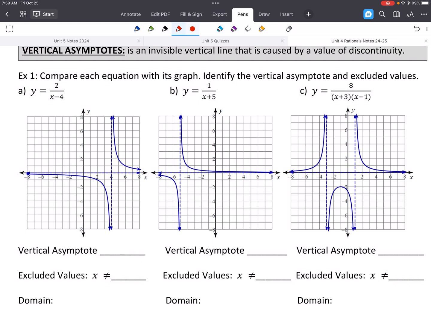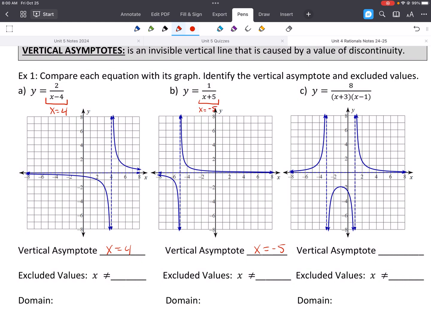But better off, we probably want to see how do we do it from an equation. So if we look at this equation, we want to know what makes the bottom 0. So here it would have to be x equals 4 would make the denominator 0. So that's our vertical asymptote, x equals 4. If we look at b, what makes this 0? Well, x would have to be negative 5.